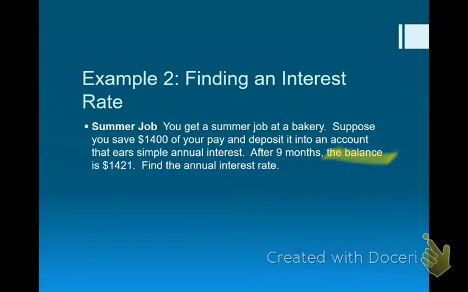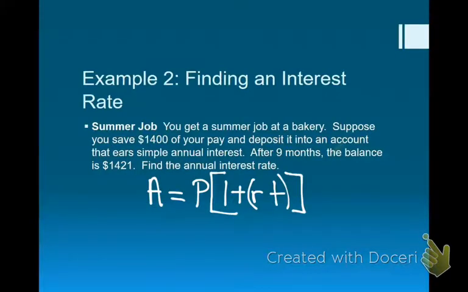So balance means I cannot use I equals PRT. I've got to use my A formula. Find the annual interest rate. A equals P times 1 plus RT. All right, go ahead and plug in your numbers. This is your third one now, so you should be catching on, hopefully a little bit better.